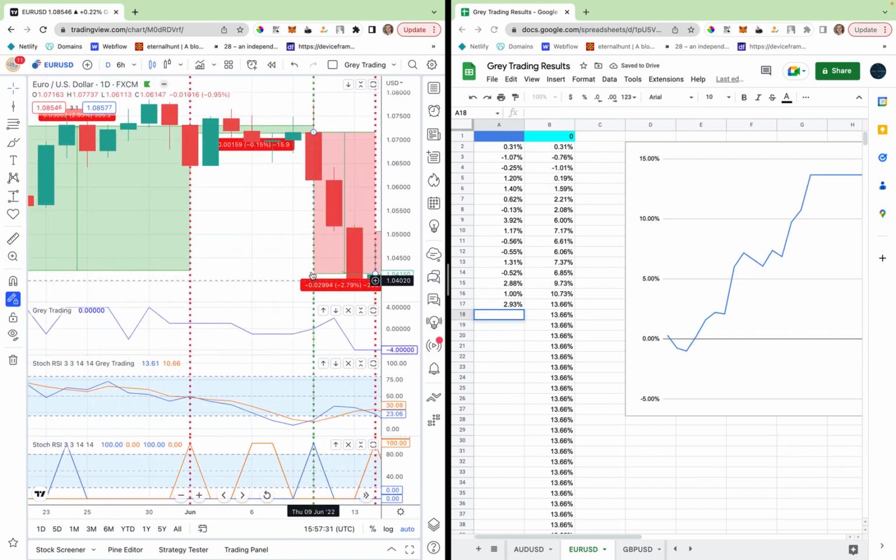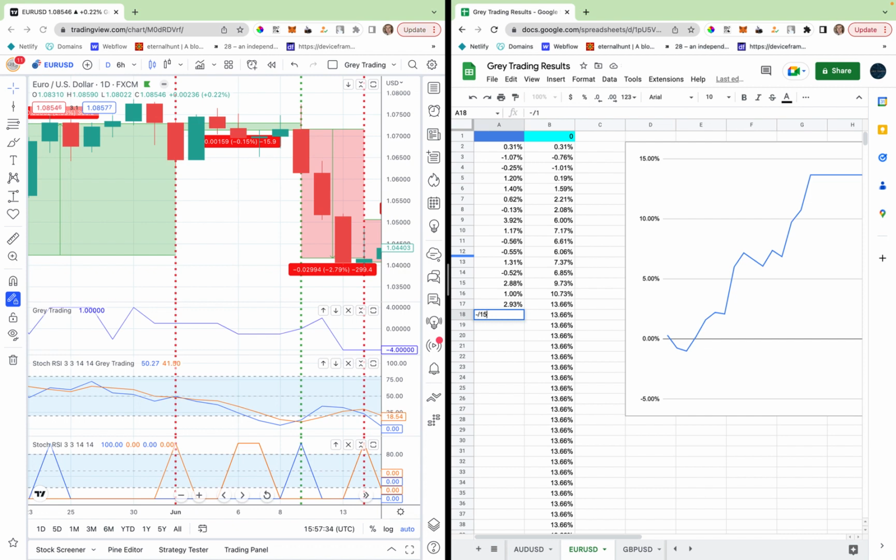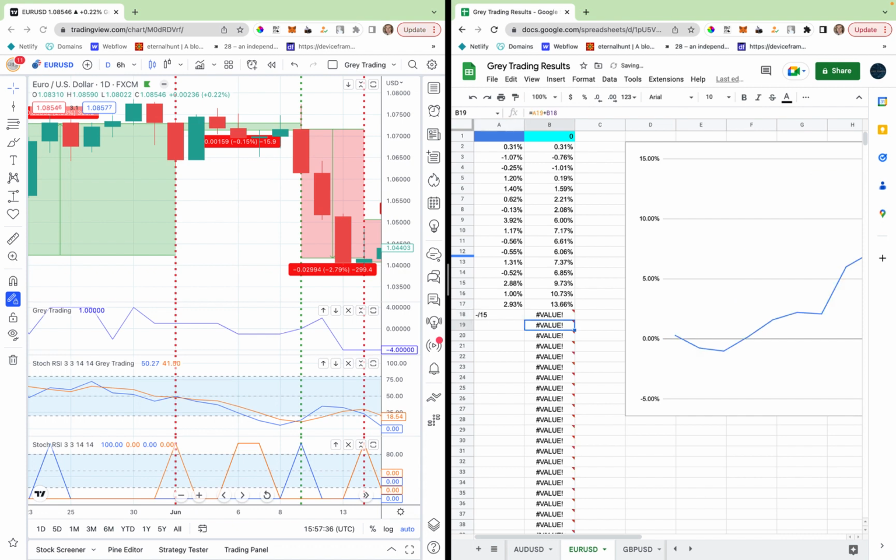Okay, so 2.93 on that one. 0.15. It looks like quite a loss on that one.